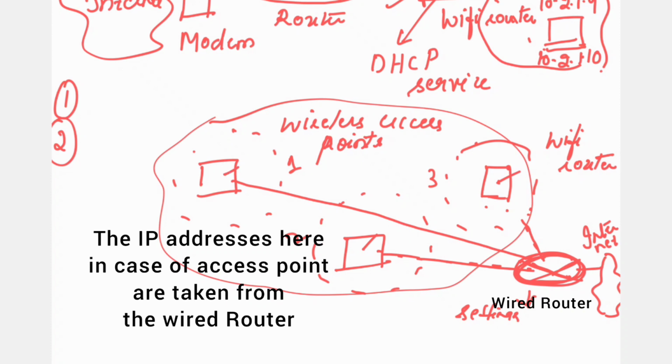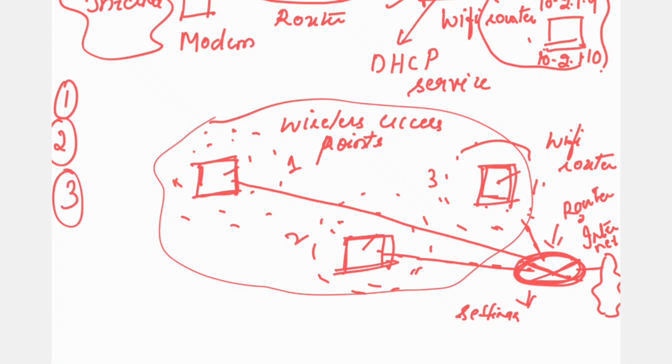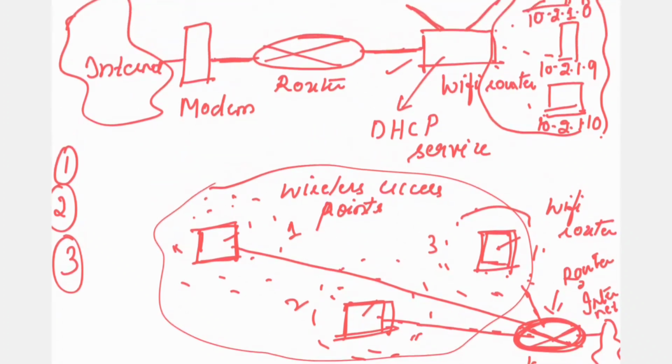Wireless access points placed here do not have the DHCP service. The third important difference is that with a Wi-Fi router, devices can be connected through either a wired or a wireless medium. So both possibilities are there in the case of a Wi-Fi router. In the case of a wireless access point, only wireless connection is permissible from these devices.